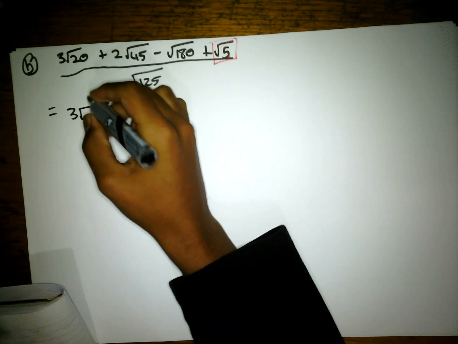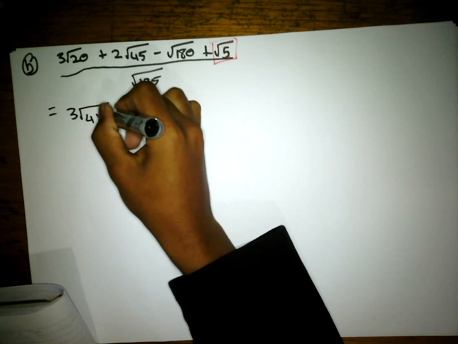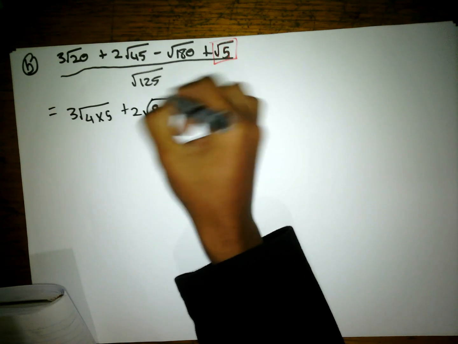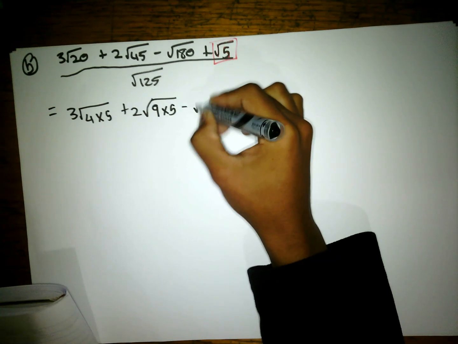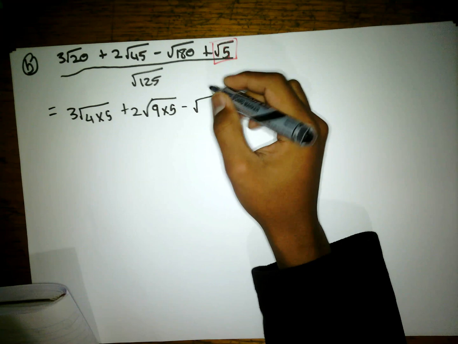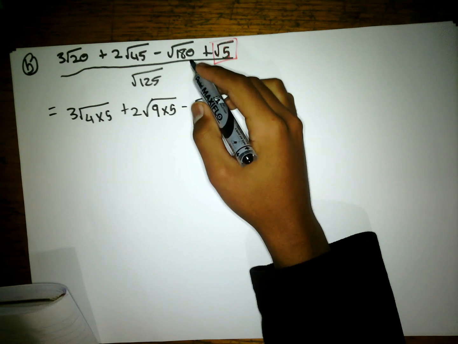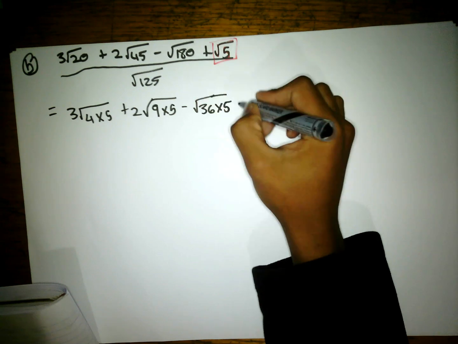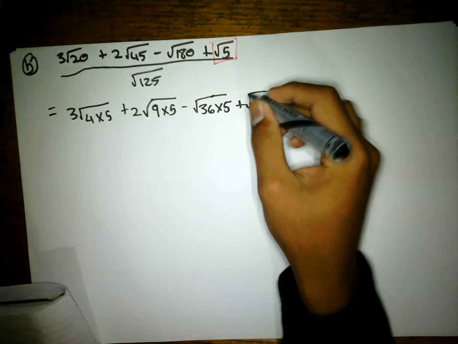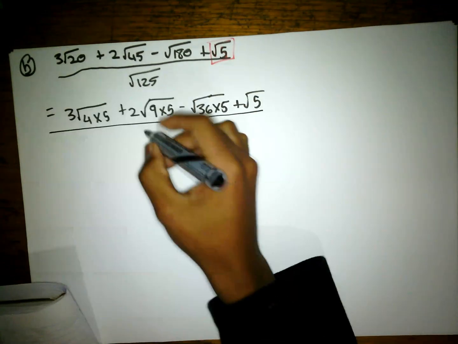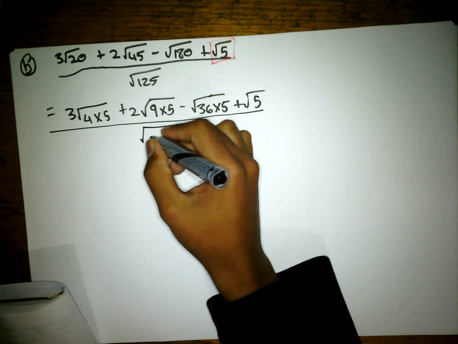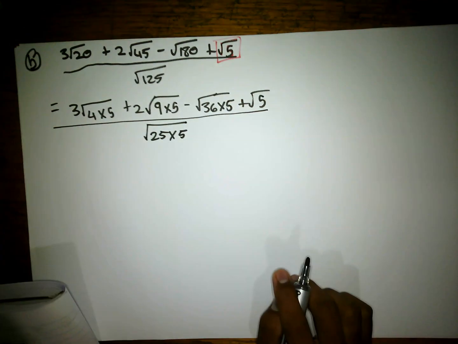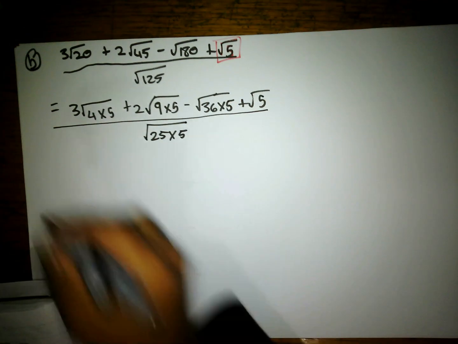So we have 4 times 5 is 20, plus 2, 9 times 5 is 45, minus 36 times 5 is 180, and then 25 times 5 is 125. Always break it up like this, always.